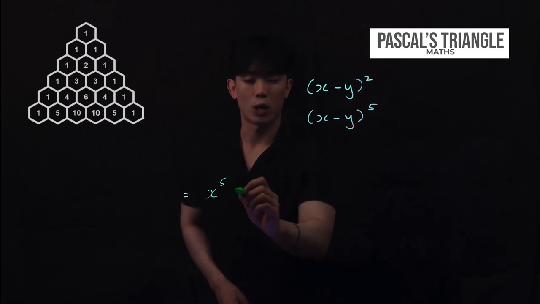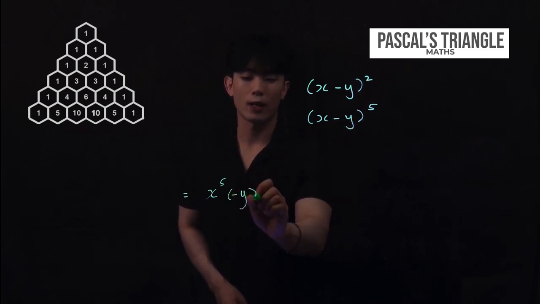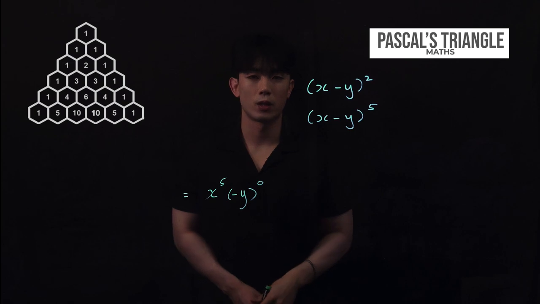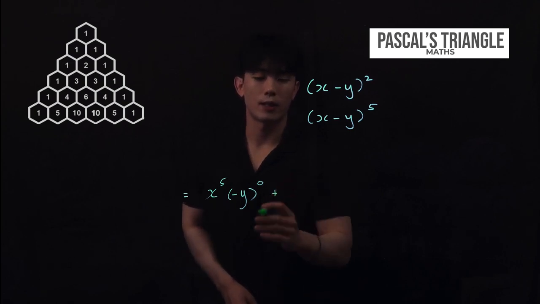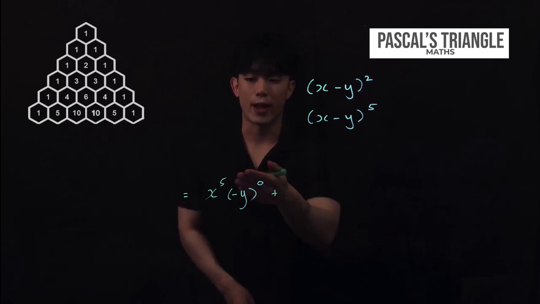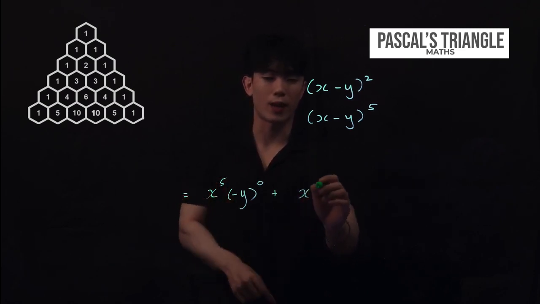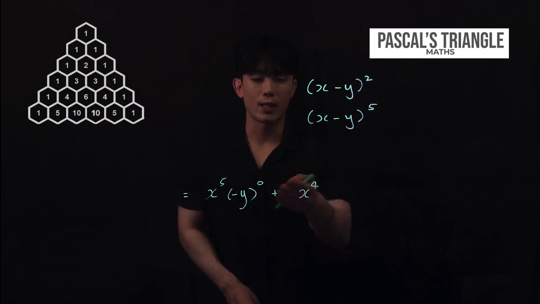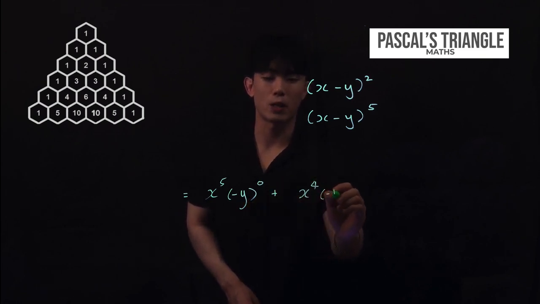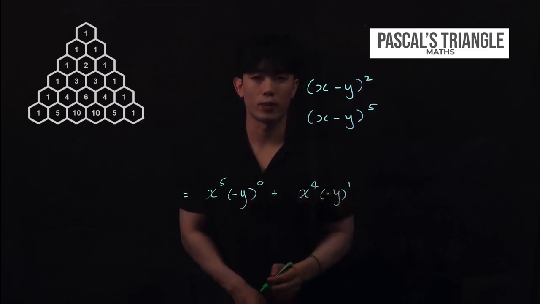The second term, we're going to multiply that by minus y to the power of 0. Right, the second term now. As I said, the x is going to decrease in power, so it's going to be x to the power, which was 5, now 4. And this second term is going to increase in power, so minus 1 y to the power of 1.